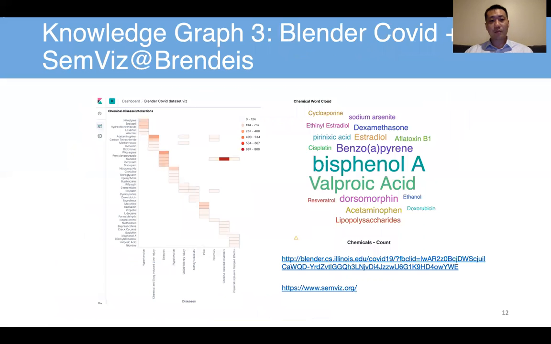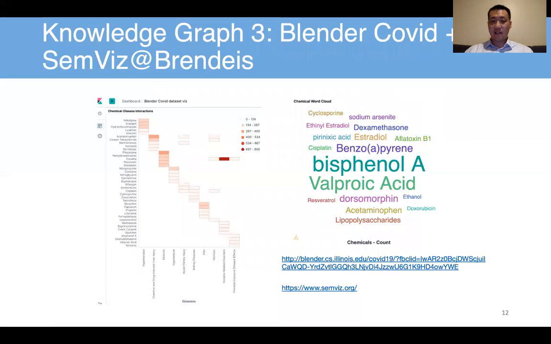And more knowledge graph construction models have been proposed and developed by, you know, this is the UIUC Blender lab. They extract information, and Brandeis University, they visualize the knowledge graph. This is more about the interactions between the chemical and disease.